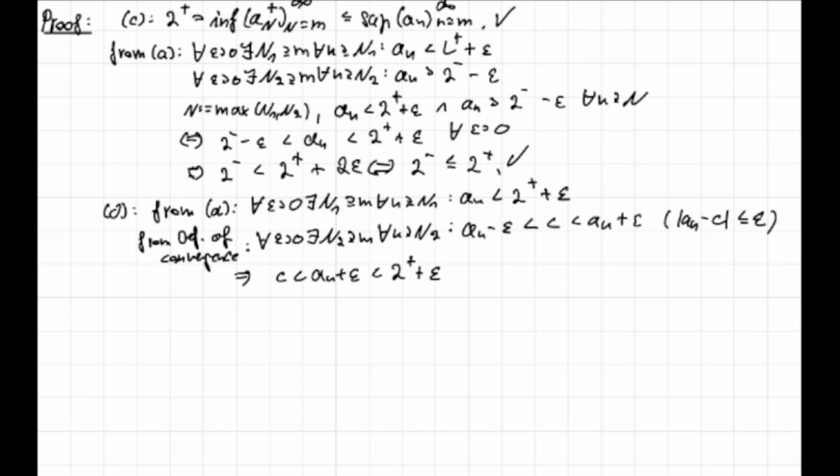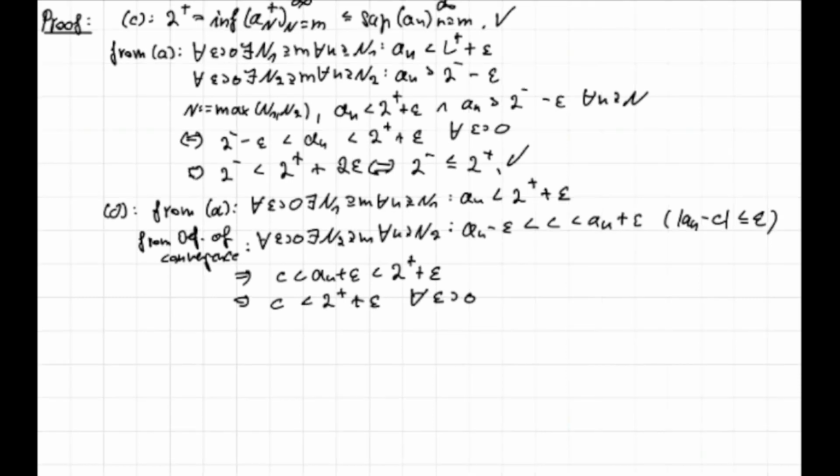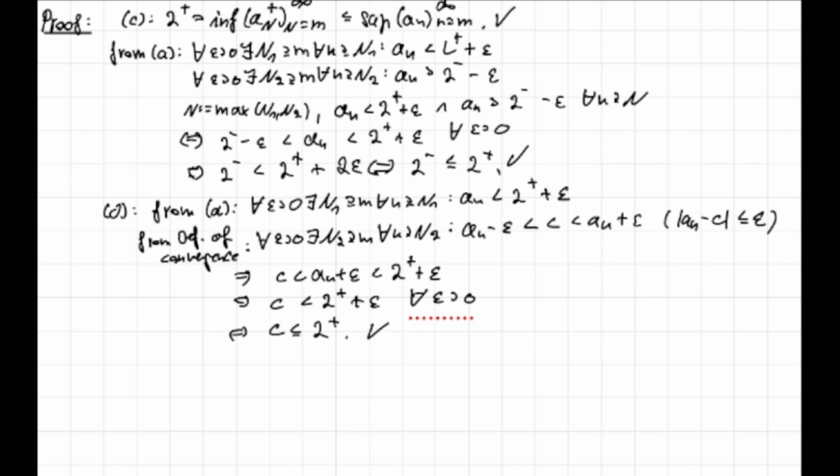So it follows that C is smaller than L plus epsilon. That again holds for all epsilon greater than 0. And from this, it follows again that C is smaller or equal than L plus. Okay. Yeah, very similar to C.